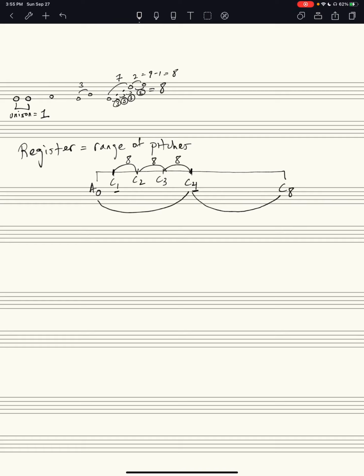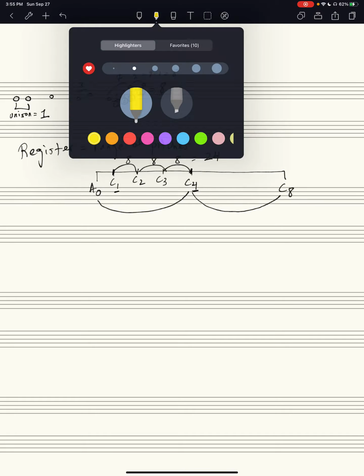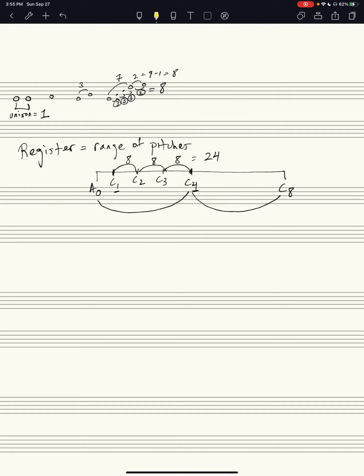8 plus 8 plus 8, or 8 times 3, is 24, but don't I have to apply musical math? You guys have heard me say this so many times, but don't I have to subtract out the overlaps? Of course. Where are the overlaps between C1 and C4? At C2 and C3. So 24 minus 2 is 22. Am I done? Is that the interval size from A0 to C4?